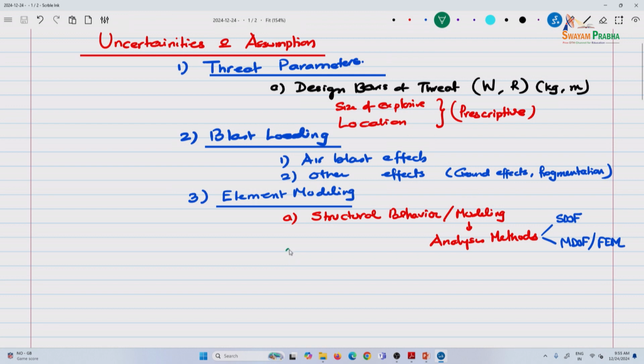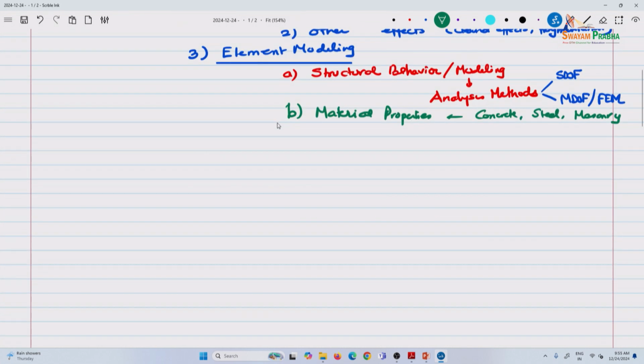Then you have element material properties. And material properties are different whether you have concrete, steel and masonry, and we'll look at some of them today.